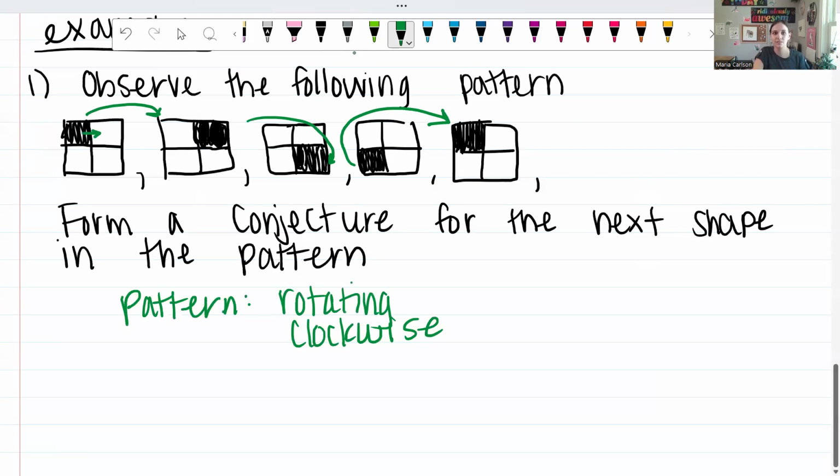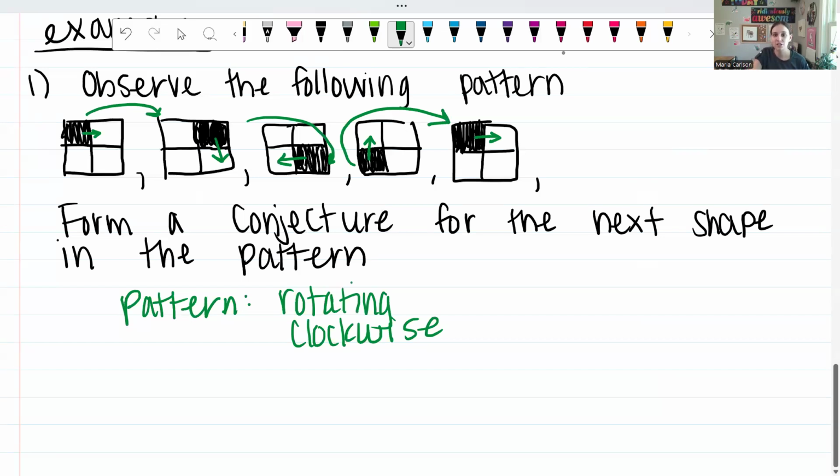First it moves to the right, then it moves down, then it moves to the left, then it's going to move up. Now we're going to move back over to the right.